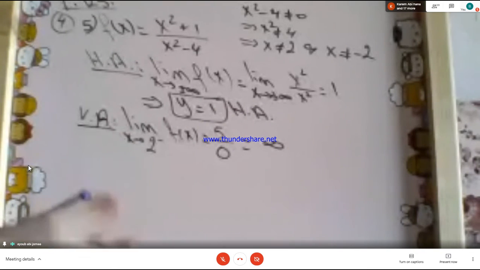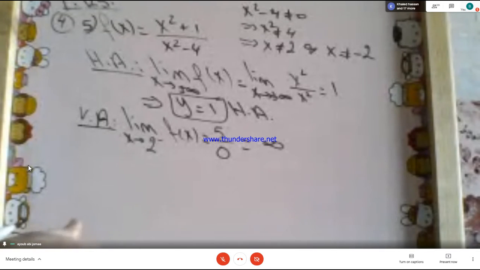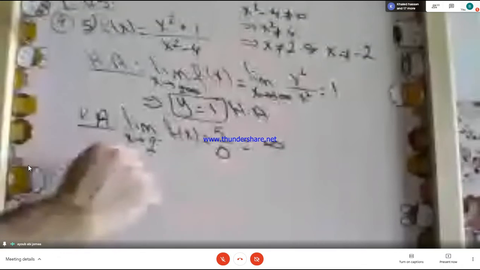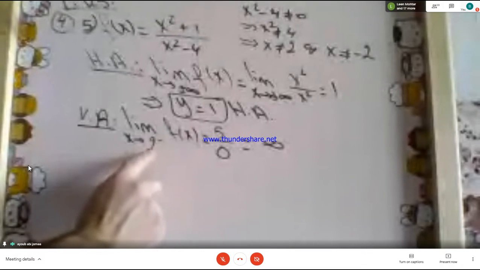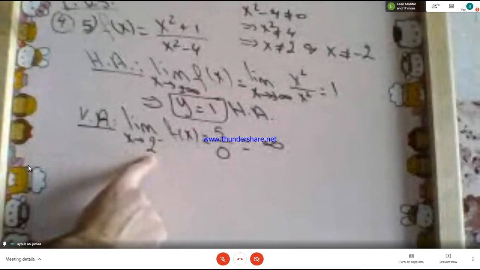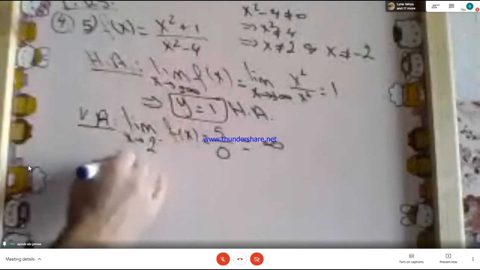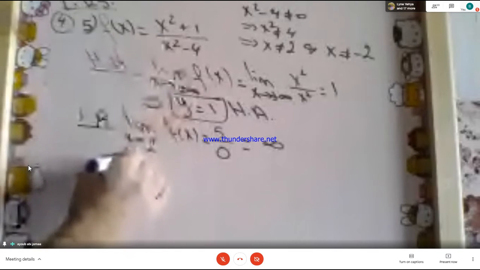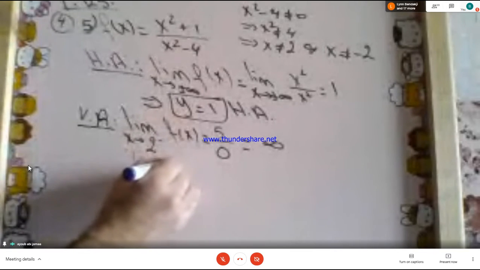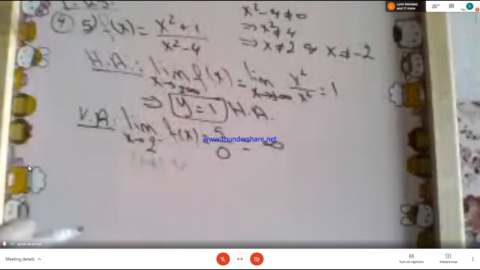Negative. How do you know? Because it is 2 minus. You choose a number slightly less than 2, say 1.9. So we replace in the denominator: 1.9 squared minus 4. What do you get?